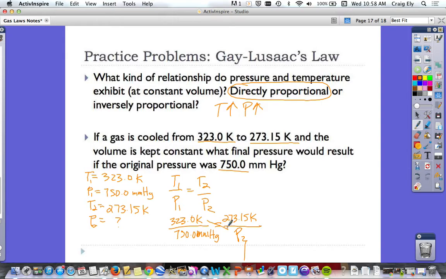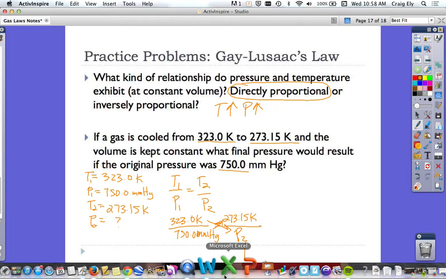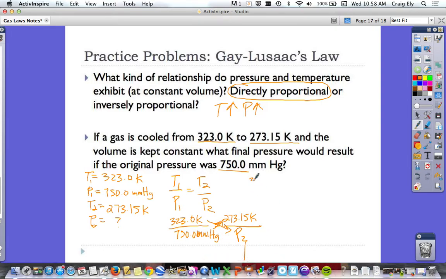We cross multiply, just like we did in Charles' law. So 323.0 Kelvin times P2 is going to equal 273.15 Kelvin times 750.0 millimeters of mercury.